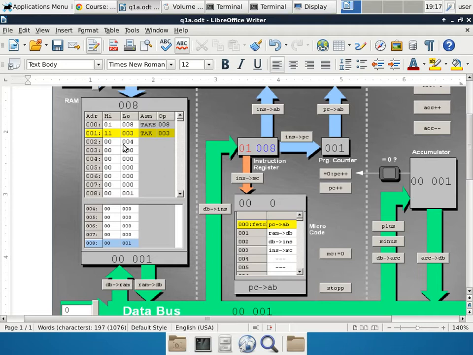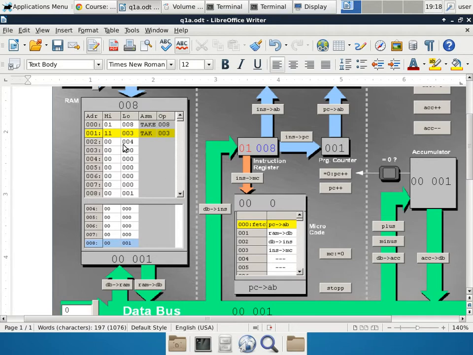In other words, the instruction is doing the equivalent of: if ACC equals 0, go to 004, else go to 003. That's the essence of what this particular instruction is doing.